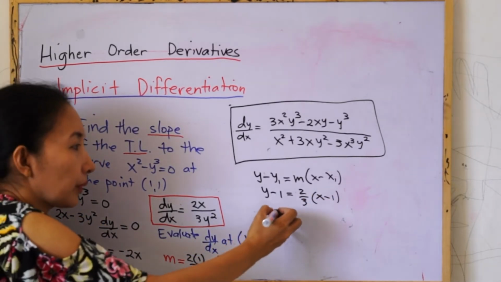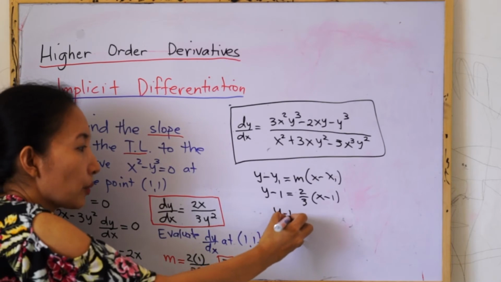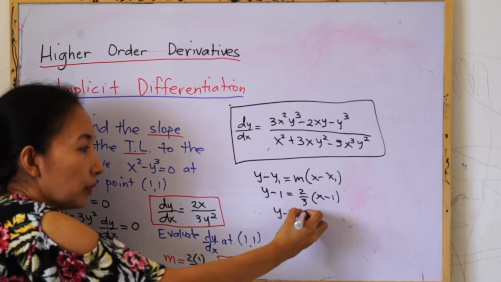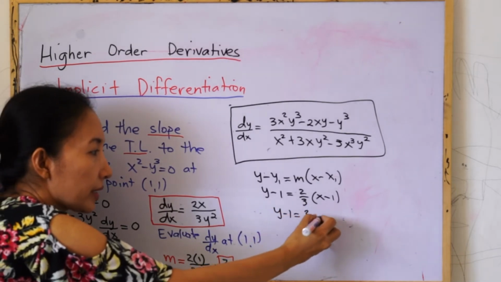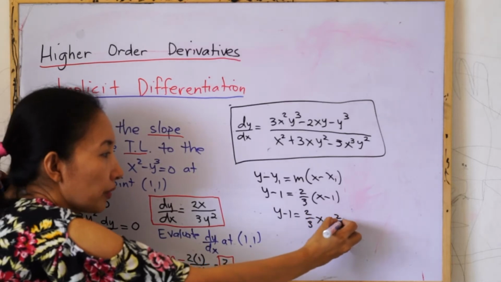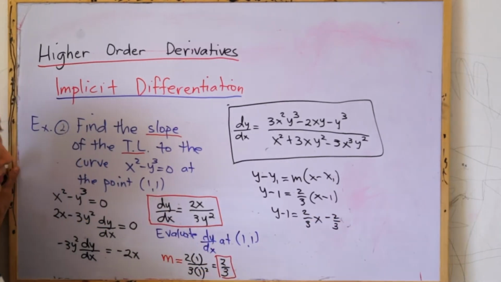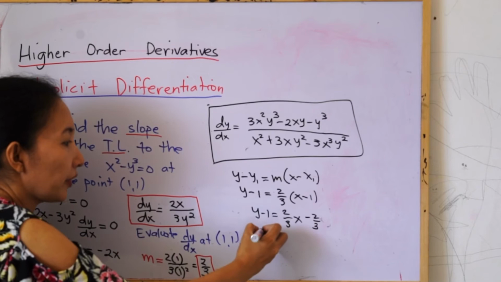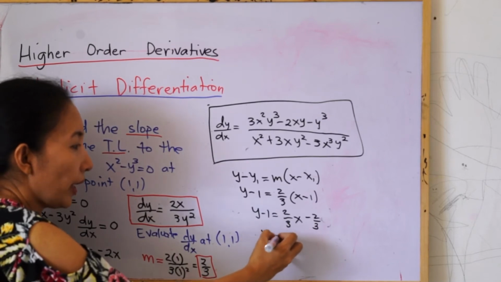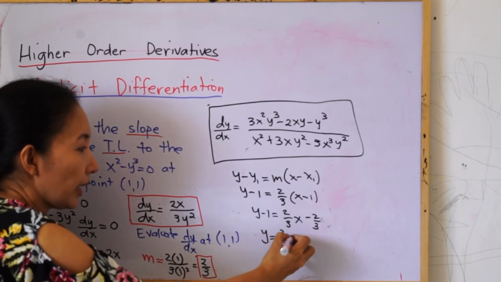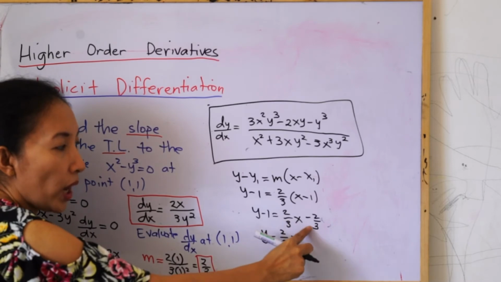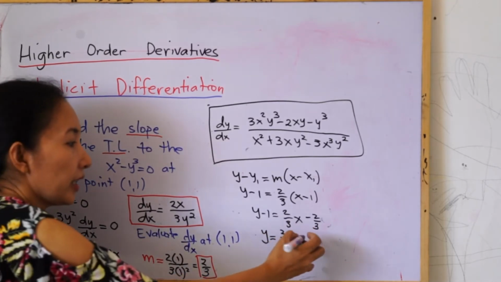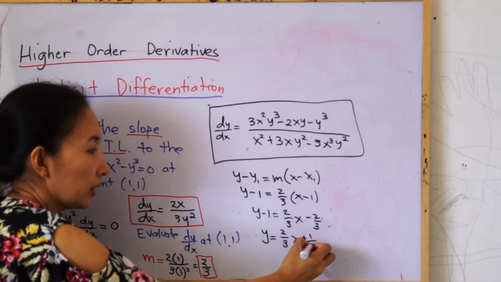Y minus 1 equals 2 over 3 x minus 2 over 3. Simplifying it further, we get y equals 2 over 3 x plus, that's 1 minus 2/3, which is 1/3.